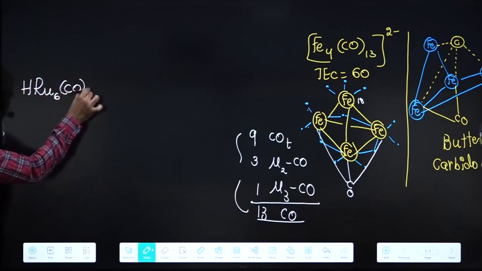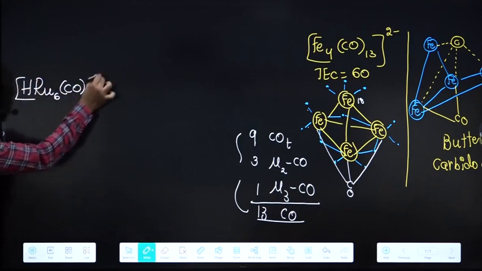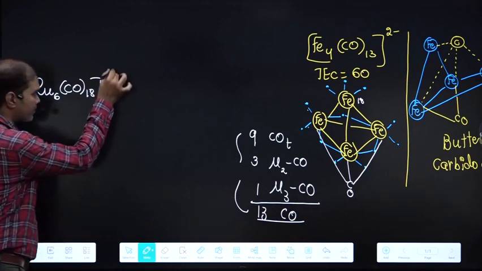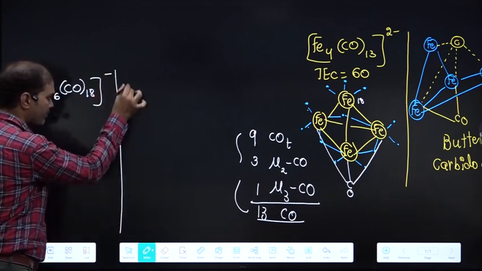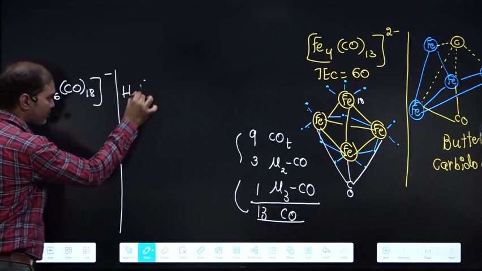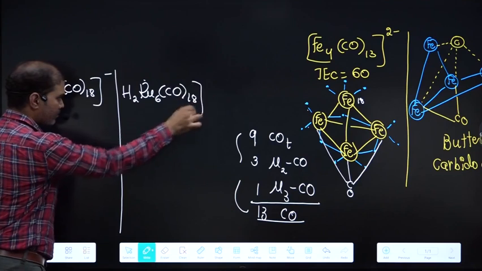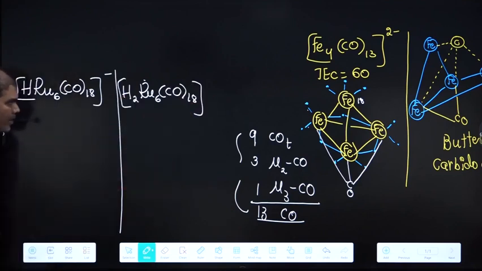Now please try to work out these structures. [HRu6(CO)18]-. Next one is H2Ru6(CO)18.